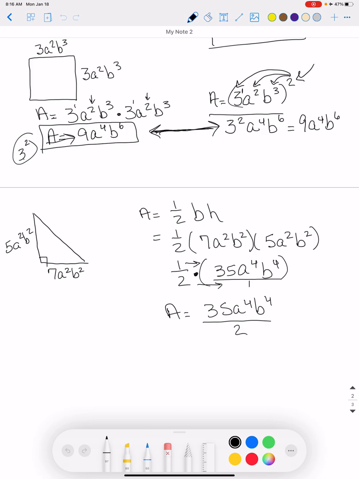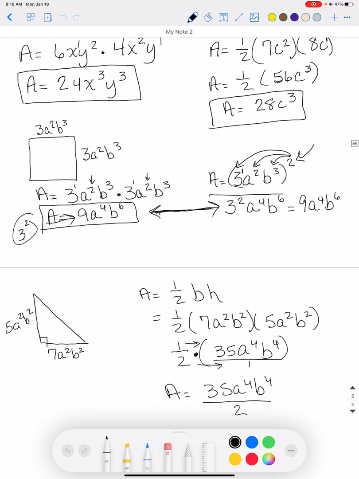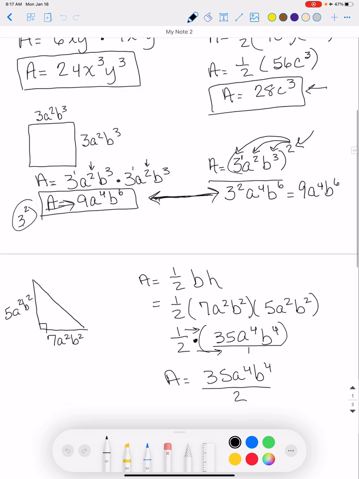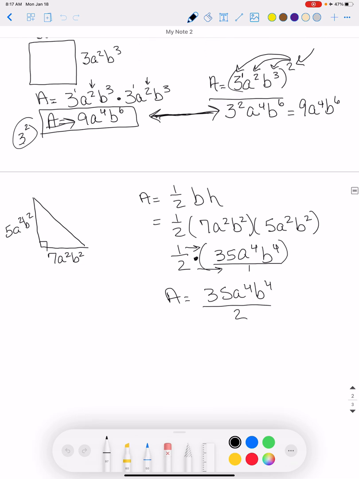So if you have a fraction and it's an even number like we had up here, you can take 1/2 of 56 and you can get an even number. Okay, so we're going to do that and simplify it like we did up here. Down here, because 35 is not an even number, I don't want to have 17.5 up top because you don't want to do fractions and decimals all combined.